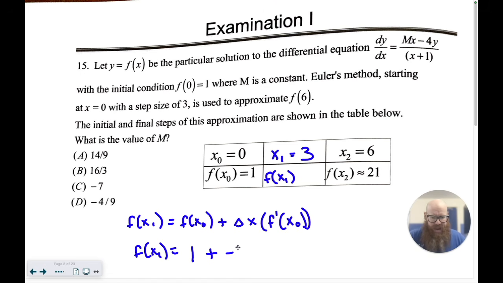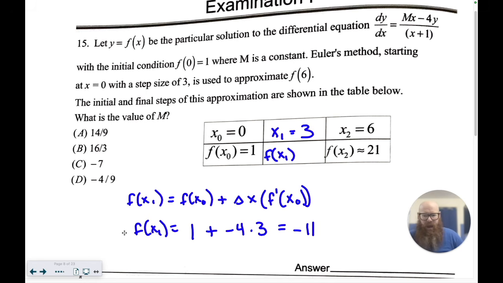So I get negative 4 for the derivative, my bad. And then delta x is just 3 the whole time. So I get 1 minus 12 is negative 11. Okay? So then, I'll go up a little bit. And now I want f, so I get negative 11 here. It's really approximately.